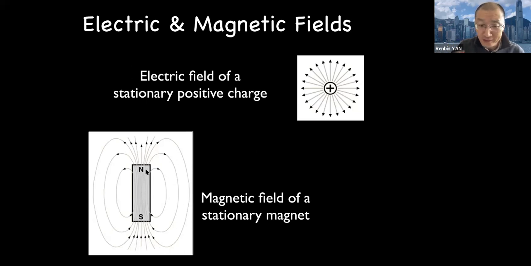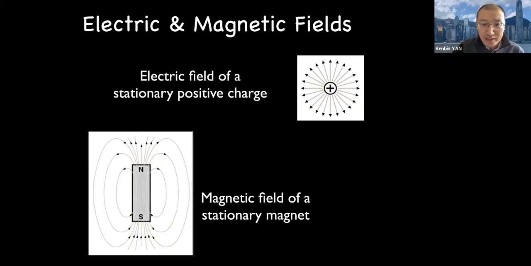For example, iron. If you have a bunch of iron dust and you put them around this magnet, they'll get attracted to either of the two poles, and they will actually form lines that trace the magnetic field lines. So this is also a force field.